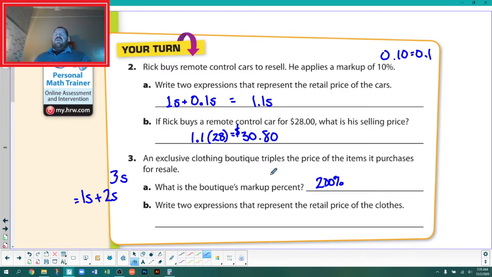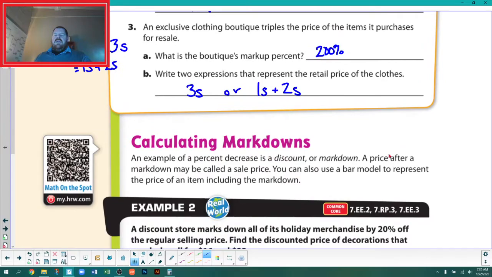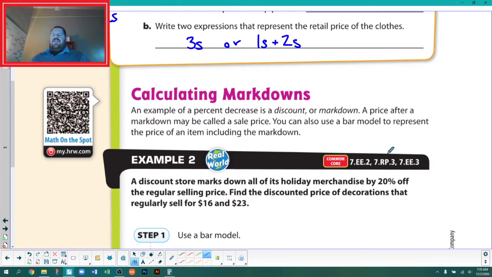So that's different than what it's selling it for compared to its original price. Write two expressions that represent the retail price of clothes. Well, we just did. We have 3s or 1s plus 2s.